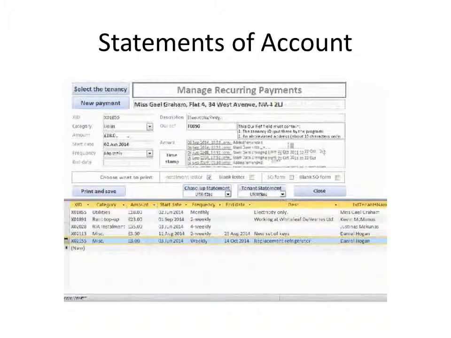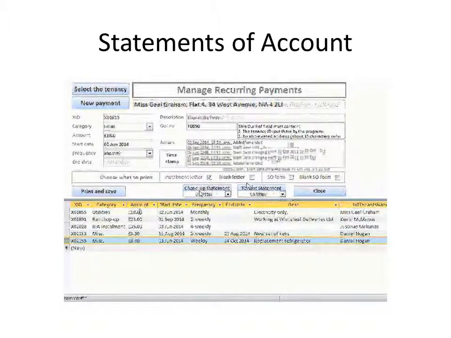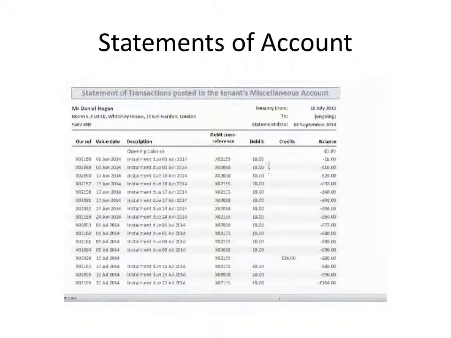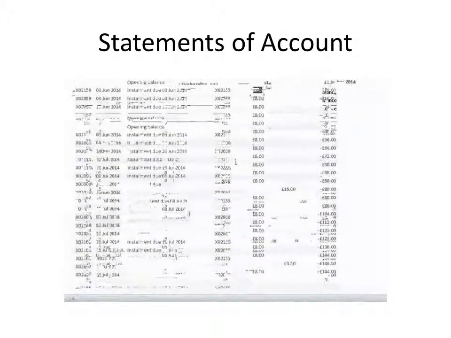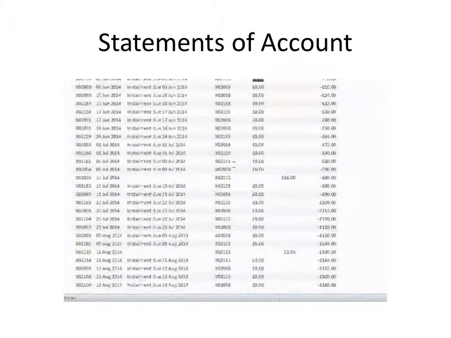And I want to show the difference between the types of statement, the tenant statement and the chase-up statement, so you can see the difference. If I choose either of them and ask for the tenant statement, you can see that the debits and the credits for both of these are interspersed, which is simply because all the transactions are in date order, and that's required of any sort of statement.